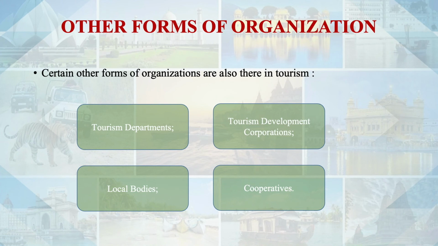Now last but not the least, we will be talking about cooperative societies. Again, they are members of a group of people who really work for the development of their trade or their skills.